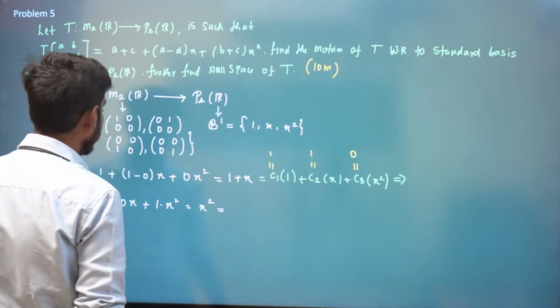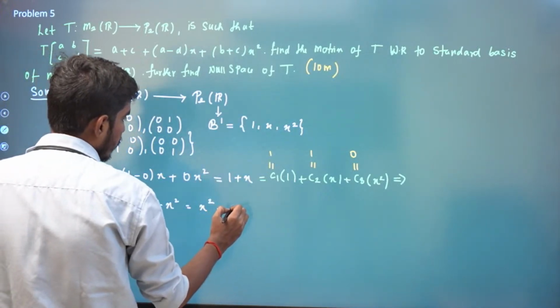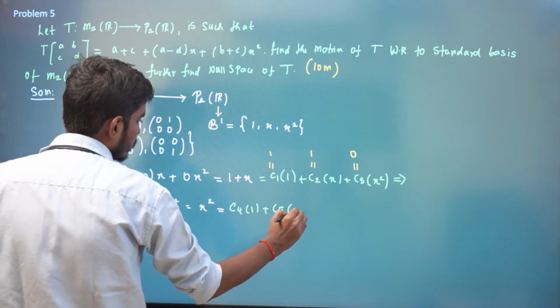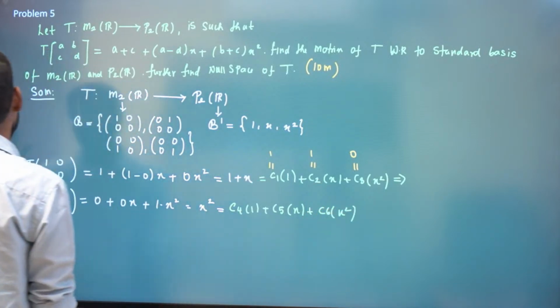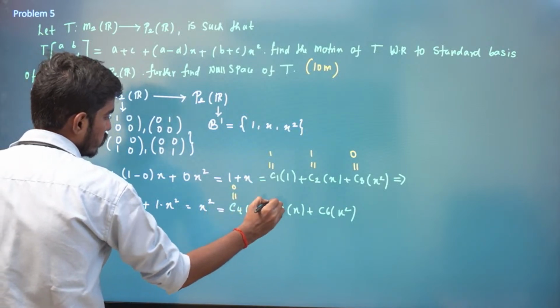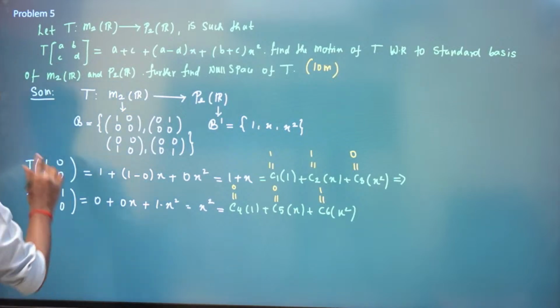Now we have to write this x square as a linear combination of basis vectors of the codomain space. Let us say some c4 times 1 plus c5 times x plus c6 times x square. So very easy to find these coefficients. The c4 has to be 0, c5 has to be 0, c6 has to be 1.